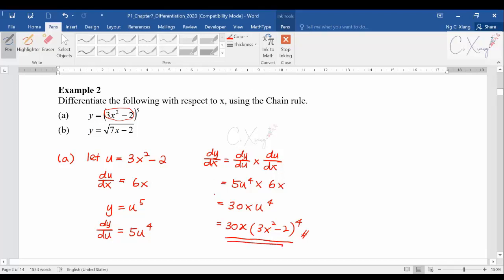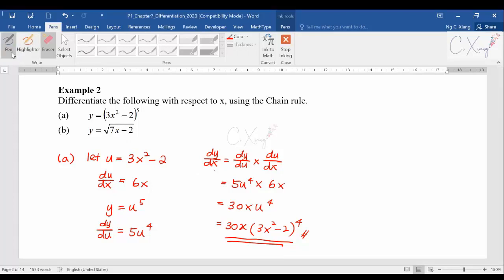I believe that when you look at my solution, you will tell me, teacher, actually there's no need to be so long, because we learned a shortcut for this kind of question. Yes, I understand, but for now I just want to introduce how we use the chain rule in this kind of question. That's why I show it in a long way.